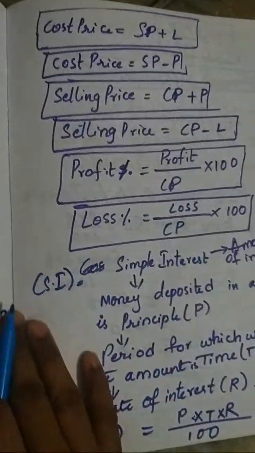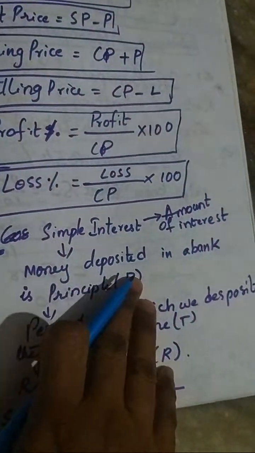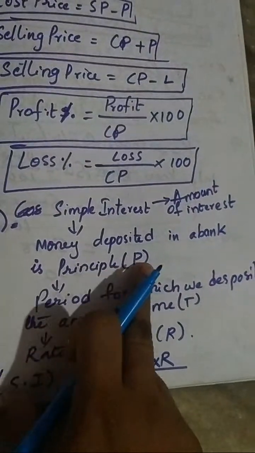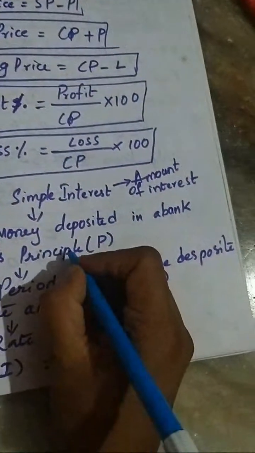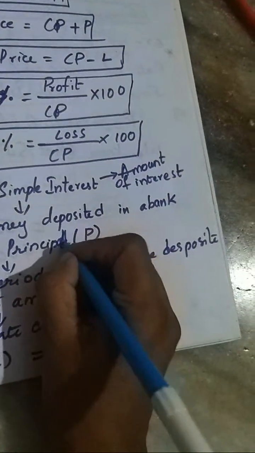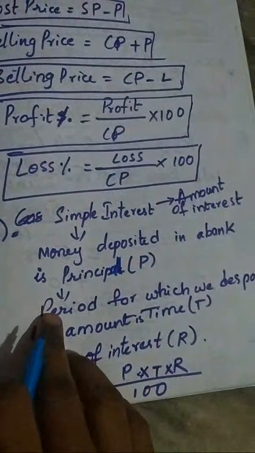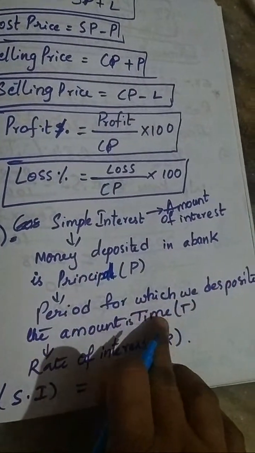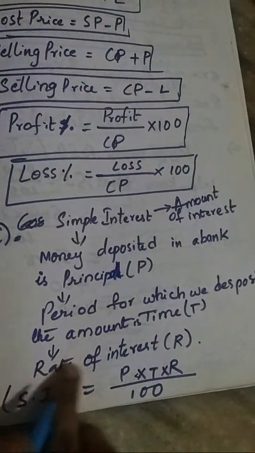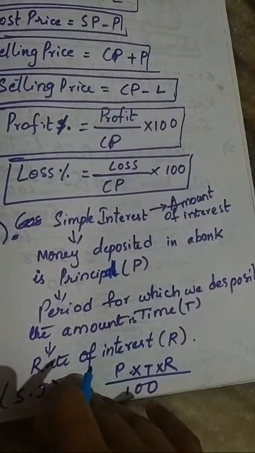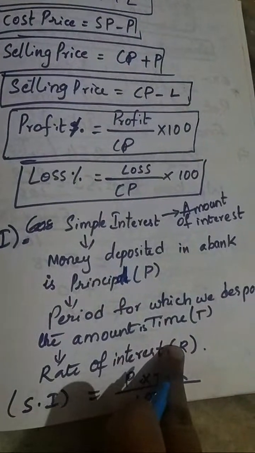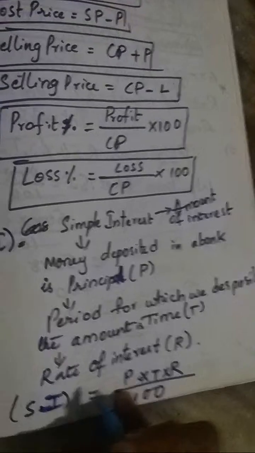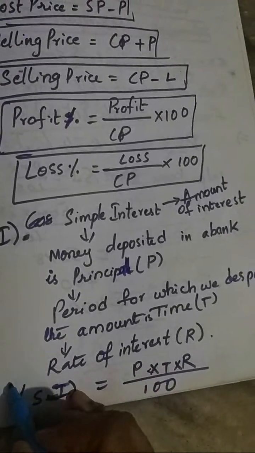Okay, like this. Simple interest: the principal is the amount of money deposited in a bank, that is P. The period of time for which we deposit the amount in a bank is called the time period, T. The rate of interest, how much interest we obtained on that amount, is R. SI is PTR by 100.